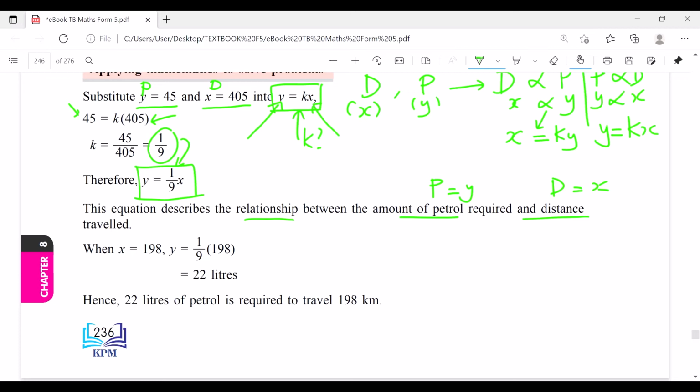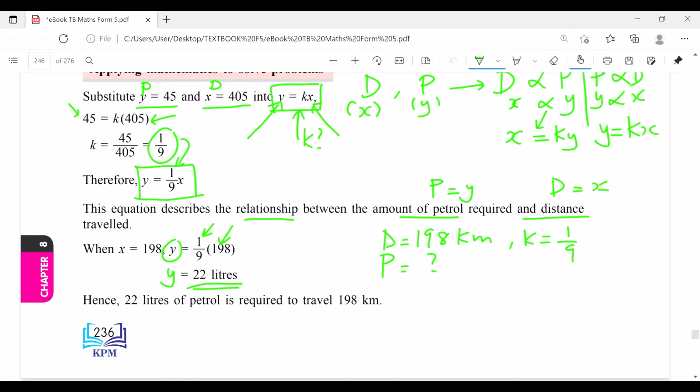So now you can find it. Now your distance is 198 kilometers, right? So you want to find your petrol needed. You have your k, 1/9. You just substitute it into here, and then you get your Y. So Y is 22 liters.